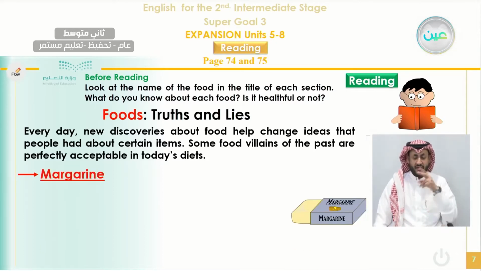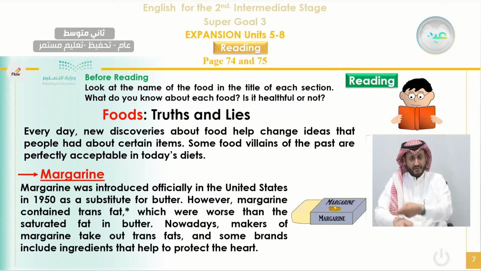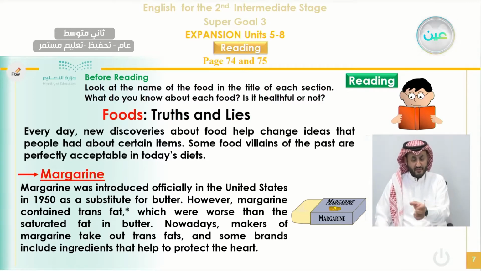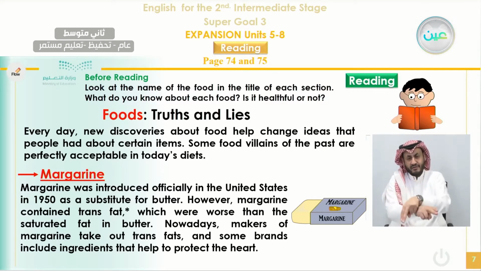Margarine. Margarine was introduced officially in the United States in 1950 as a substitute for butter. However, margarine contained trans fat, which was worse than the saturated fat in butter. Nowadays, makers of margarine take out trans fats, and some brands include ingredients that help to protect the heart.